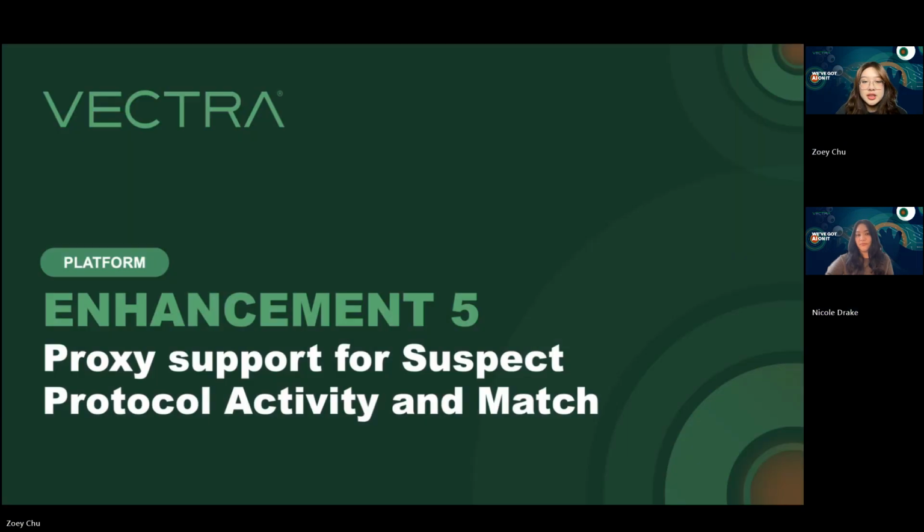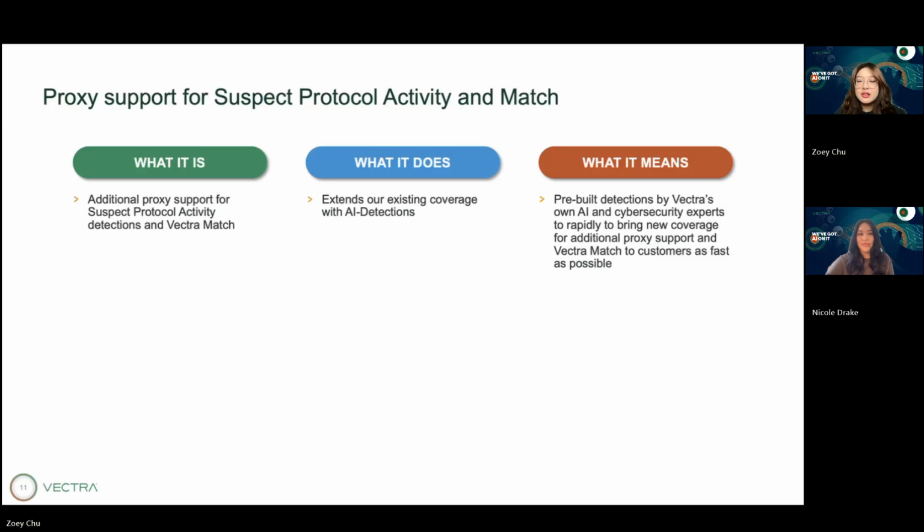Awesome. All right, proxy support for suspect protocol activity and Vectra Match. What is this? Yes. So we now offer proxy support for suspect protocol activity, otherwise known as SPA, and Vectra Match. So SPA and Match now support the use of several new variables based on the security team's own inputs of configured IP address classification and their settings.